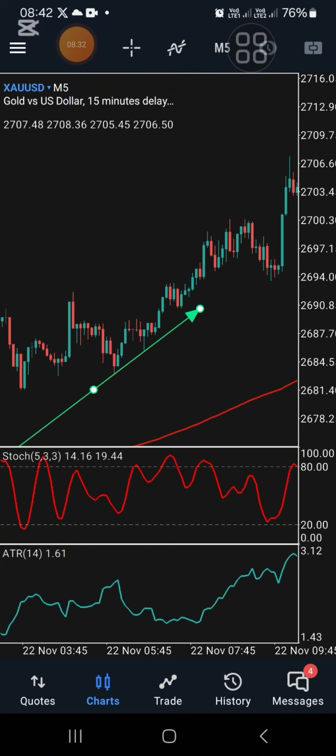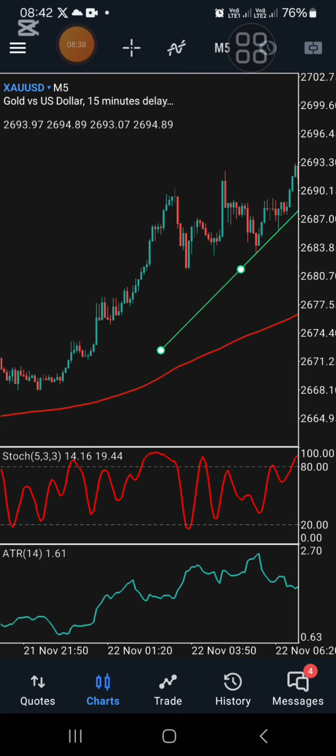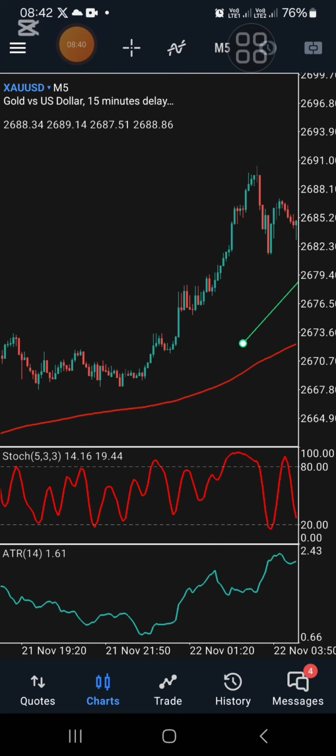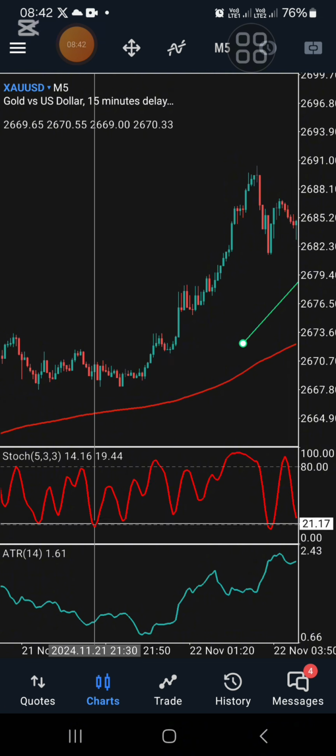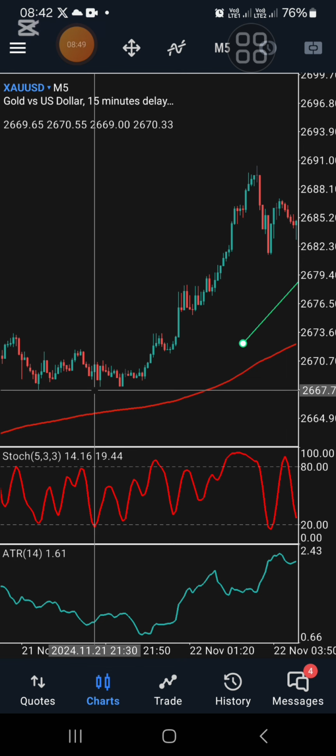So it gives you sniper precision entries. That's the good part of this strategy. Again, here you can see price crossed above the 20, while the price was above all these lines, and we're going to get an entry right around here.